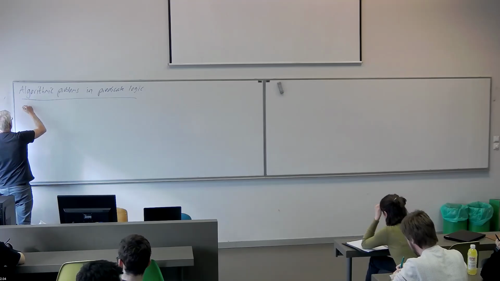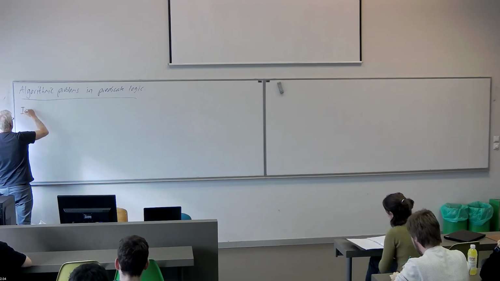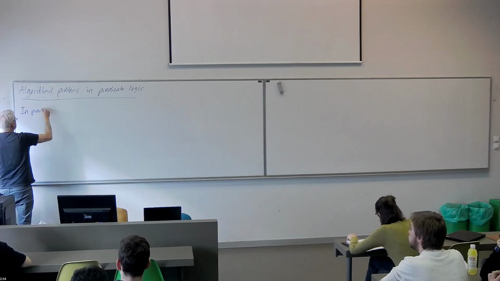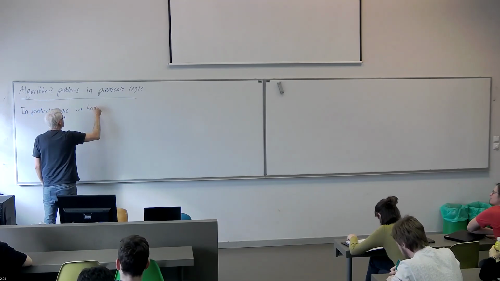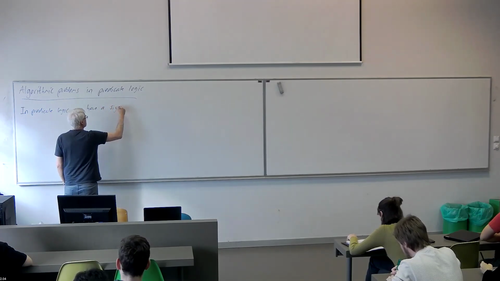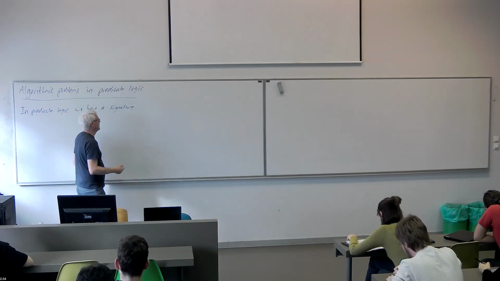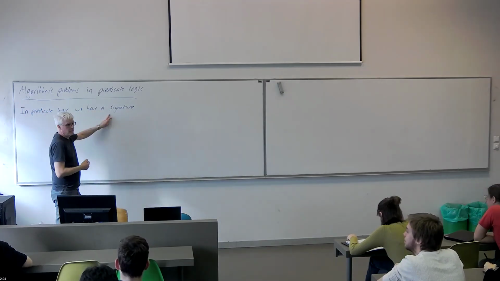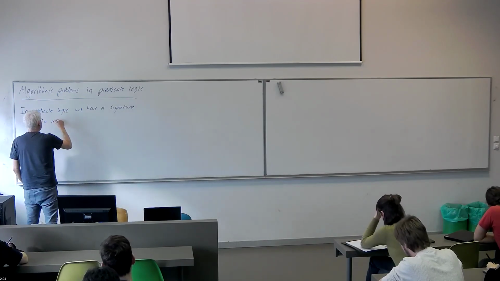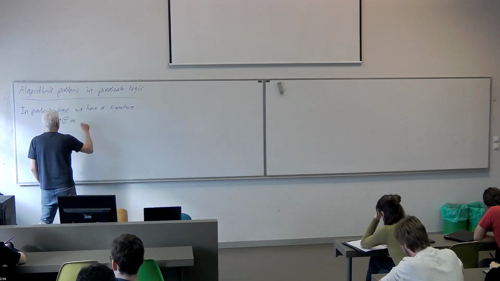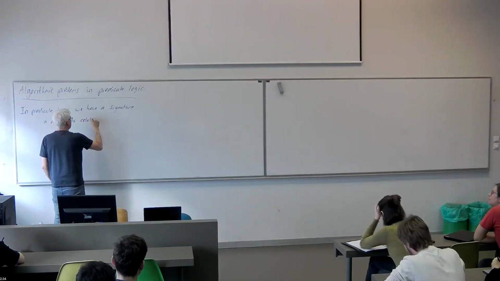A language of predicate logic is determined by a signature, and the signature consists of a set P of relation symbols or predicates.